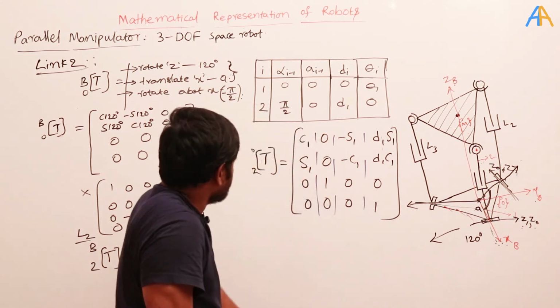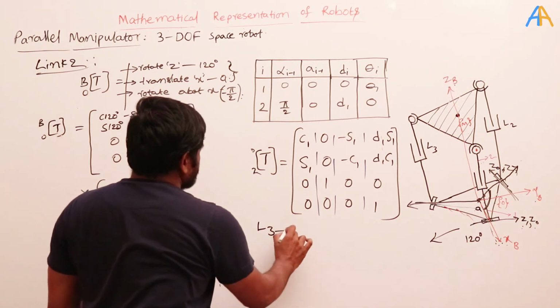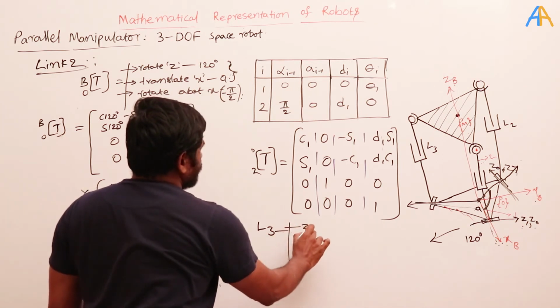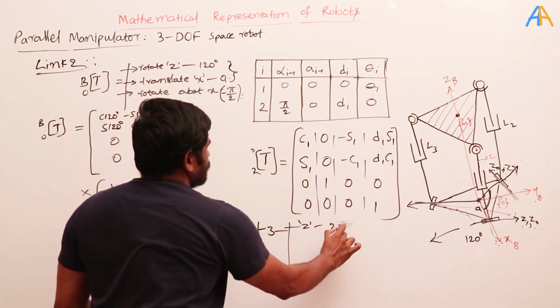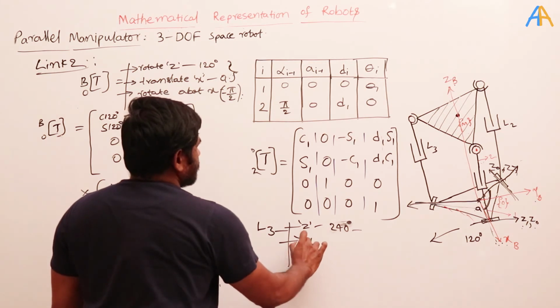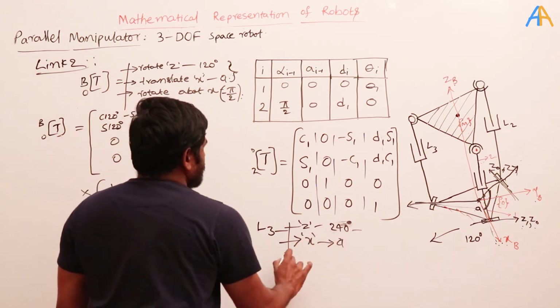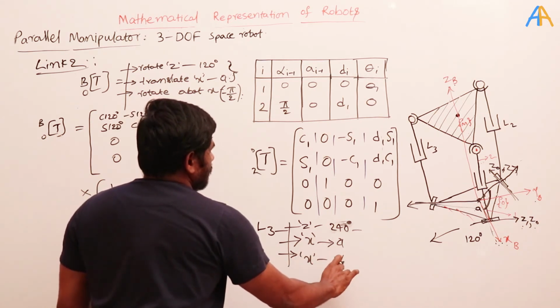Okay, so for L3, first of all, about the z-axis is a 240 degrees rotation, and after that along the x the translation is a, and along the x the rotation is minus pi by 2.